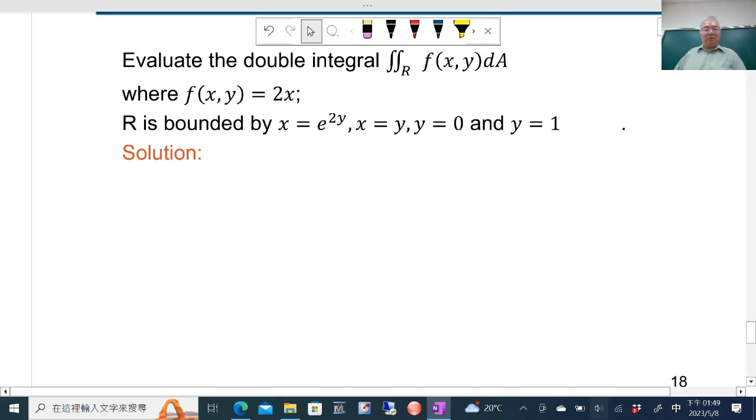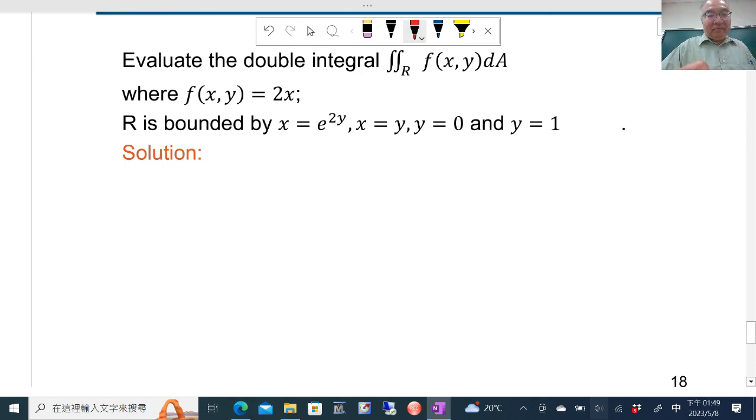Okay, the double integral function is simple, 2x. And the region is a little bit complicated. Okay, so let's try to figure out what the region really look like.